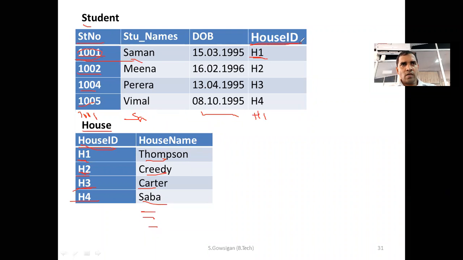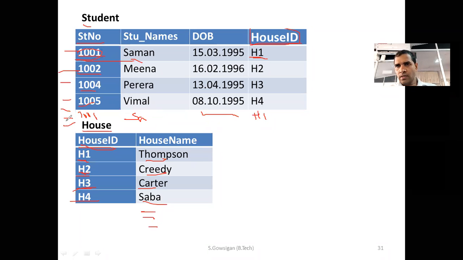But look here, this house ID cannot be the primary key. Why? Imagine in a school, there are thousands of students. I have shown only 4 students to you. This is important. If a table is shown to you, try to understand that the table has only sample records. Here I have only 4 sample records. Who knows, there may be thousands of records.